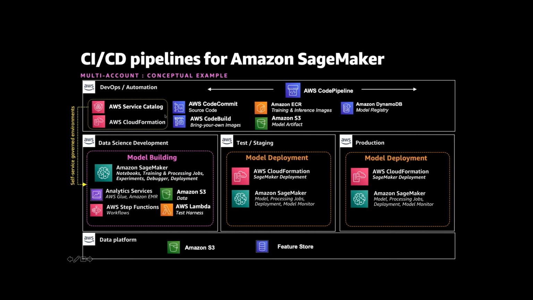We are going to be using Service Catalog to publish a new process, a new pipeline with CodeBuild, and we are going to be using Step Functions as the orchestrator and publishing that into a single account environment. But that could be expanded into a multi-account very easily.